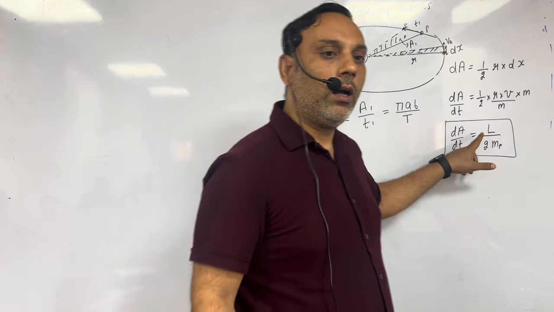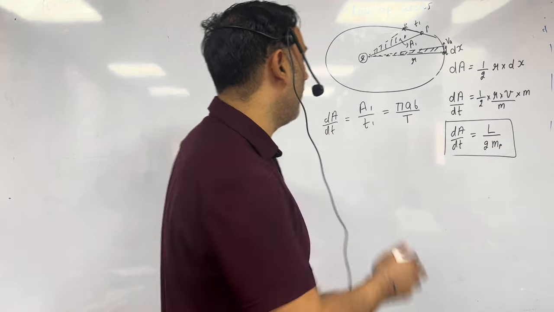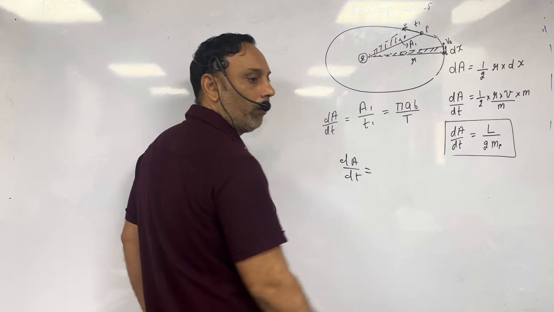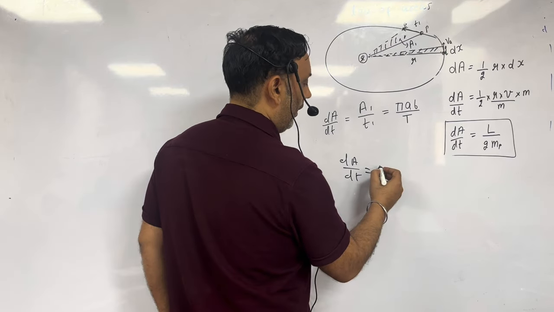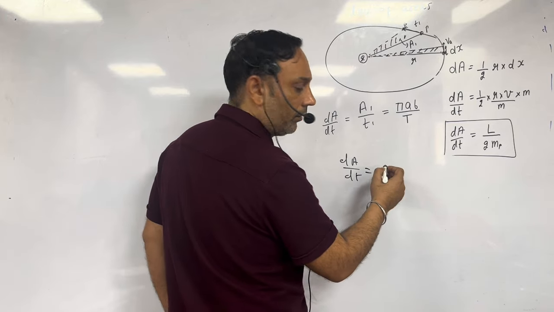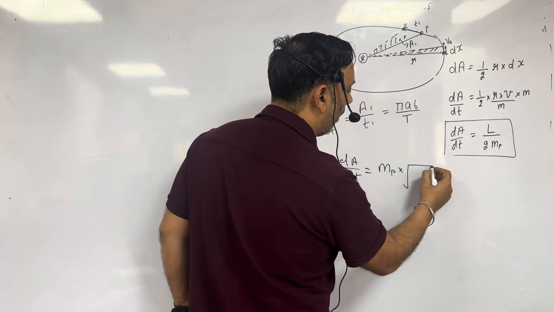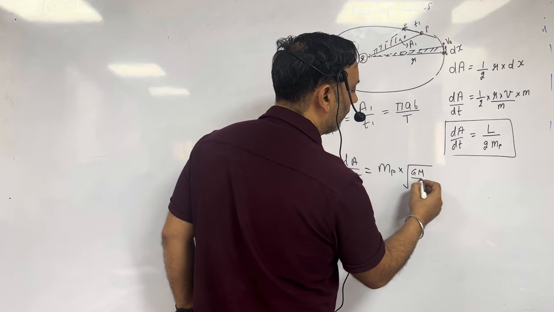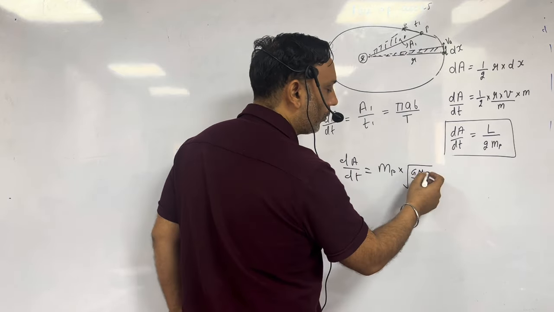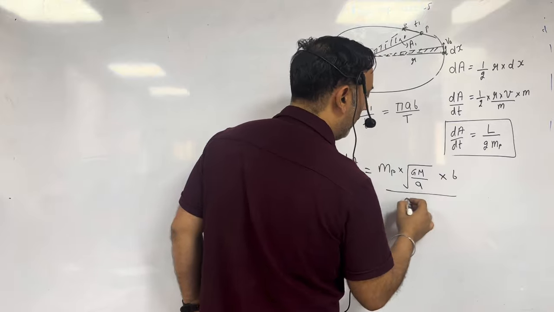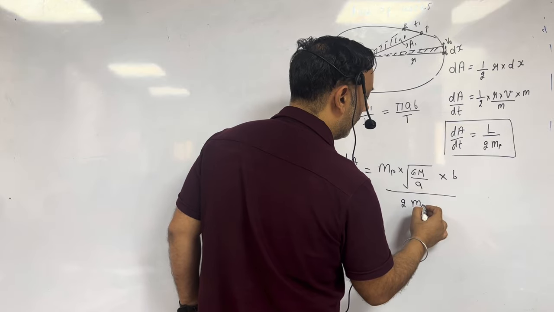Now angular momentum also, you know. So what is angular momentum? So it means dA by dt. Next expression will be what, beta? L was what? Mass of planet into root over G M by a, where M is mass of sun, into b. Divide by 2 into mass of planet.